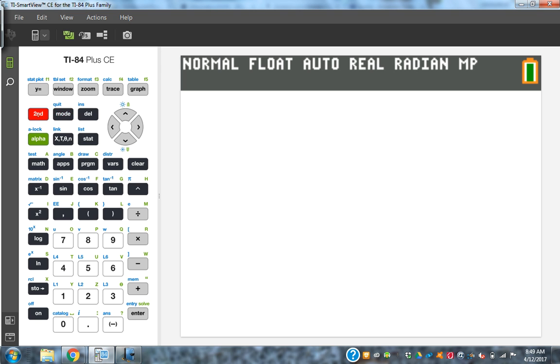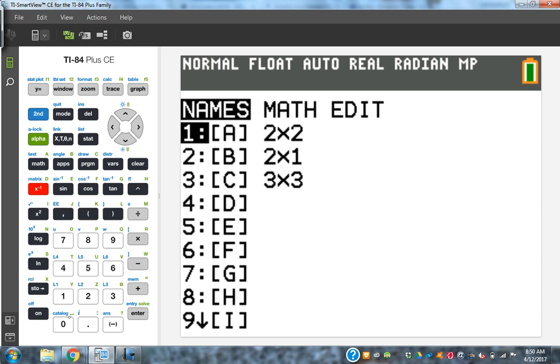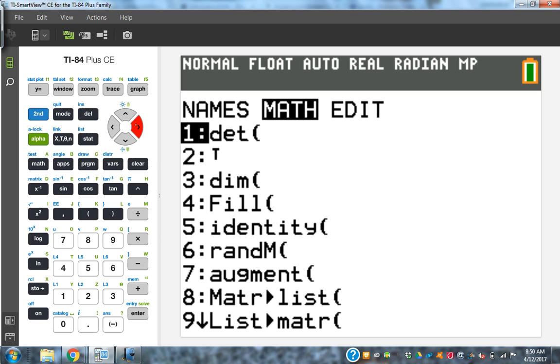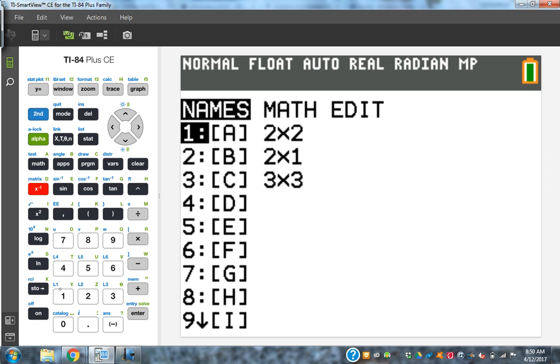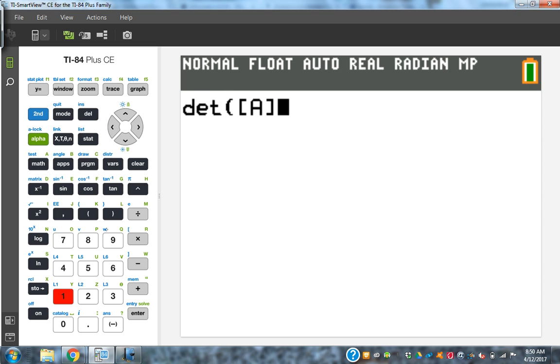I go to the same place I went yesterday for RREF: the matrix menu, over to math. The very first option is DET, the determinant. I pick that, then pick my matrix, and it gives 29.